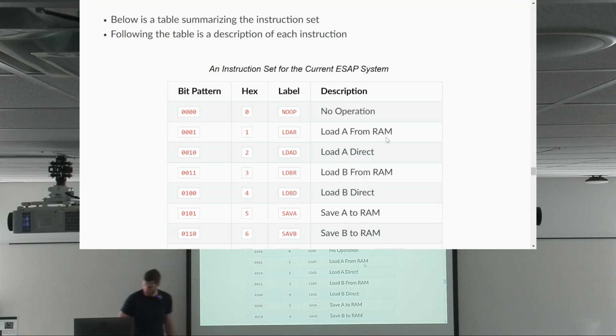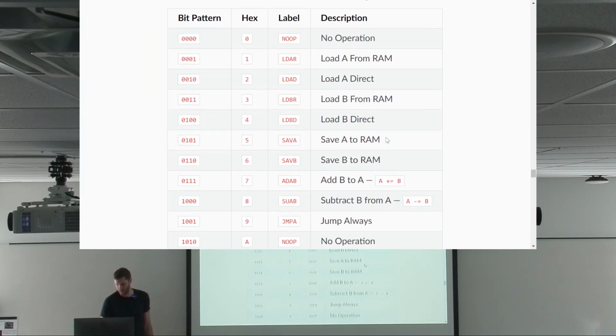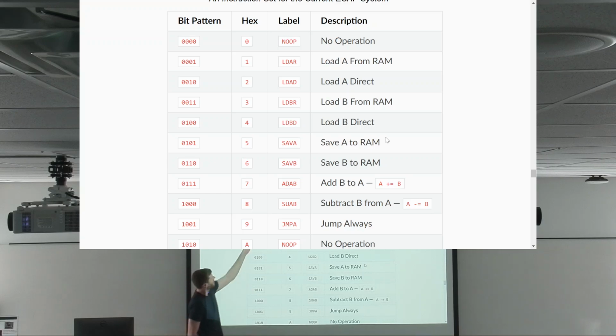Also, the order of these things here, like the fact that load A from RAM is 0001, is not really that meaningful, okay? The order is effectively arbitrary. It's not arbitrary, but the order really isn't important here. I ordered these things logically: load RAM, load direct, load RAM, load direct, save, so loading, saving, arithmetic. I kind of grouped them, but the fact that it's 0001 doesn't really hold any significance.